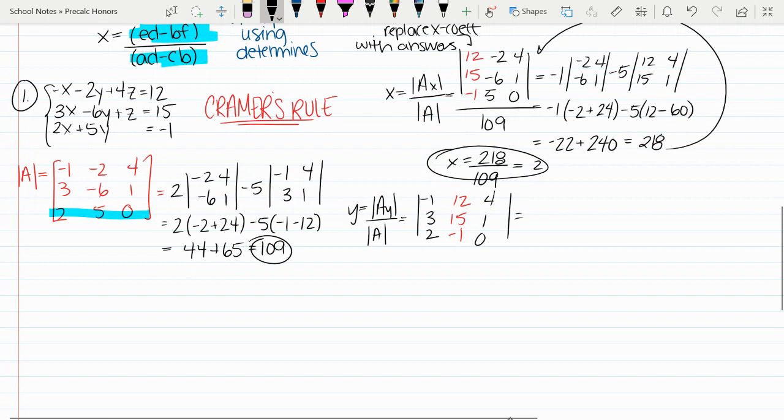All right, so once again, I'm going to use this last row. So I'll have 2 times 12, 4, 15, 1. Change the sign for this guy. -1, 4, 3, 1, 0, still helping us out.